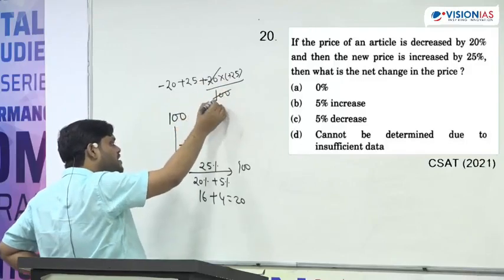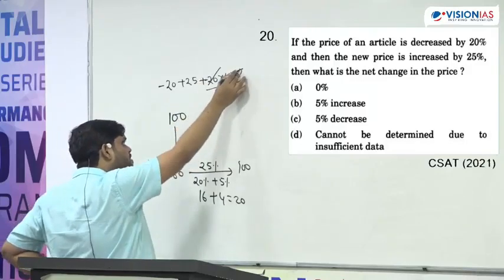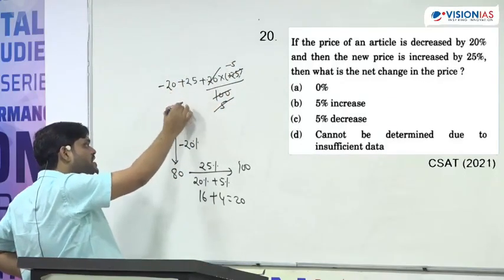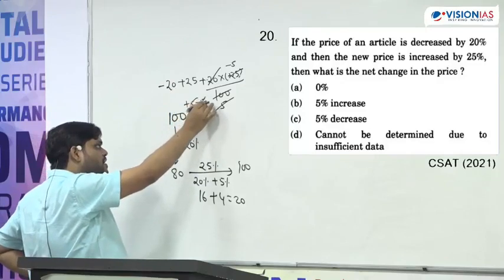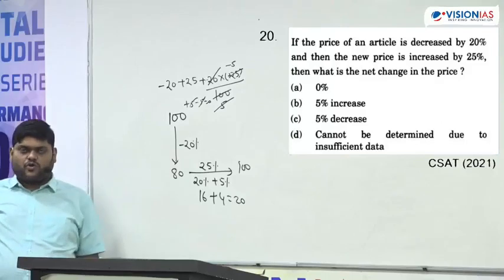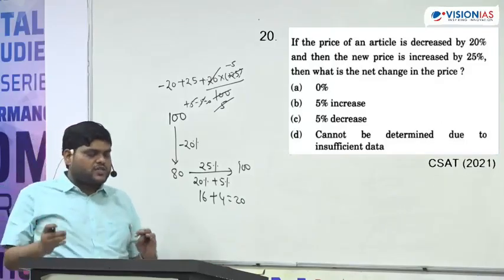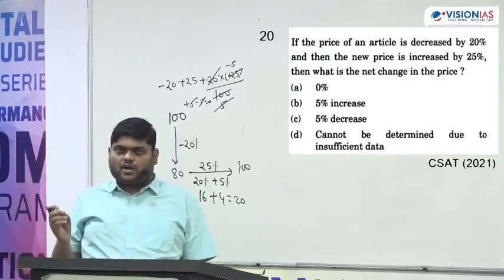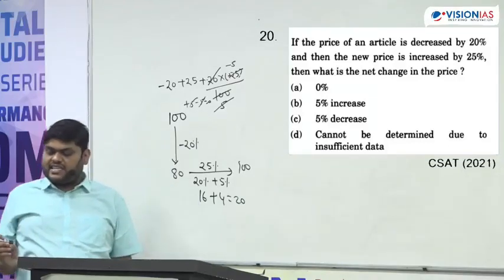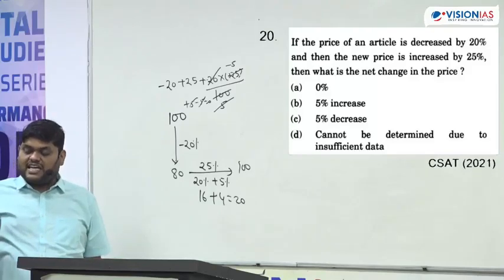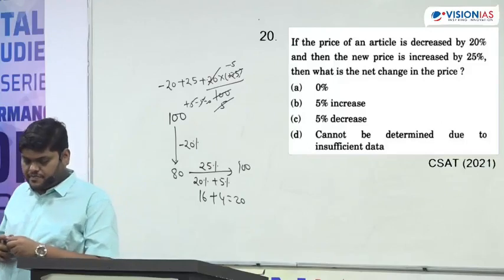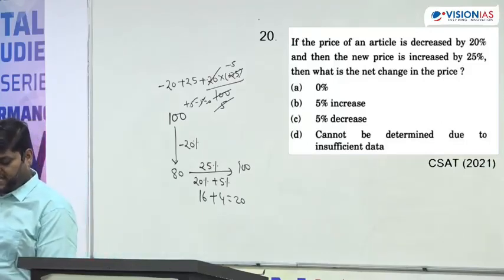That comes as minus 5, so plus 5 minus 5 is 0. So the answer will be 0. This is a 2021 question, which you can solve very easily if you understand yesterday's class.